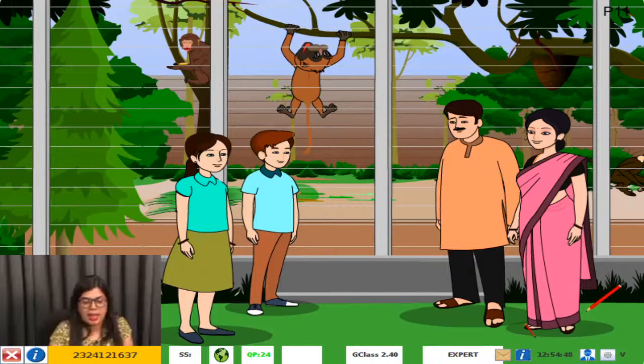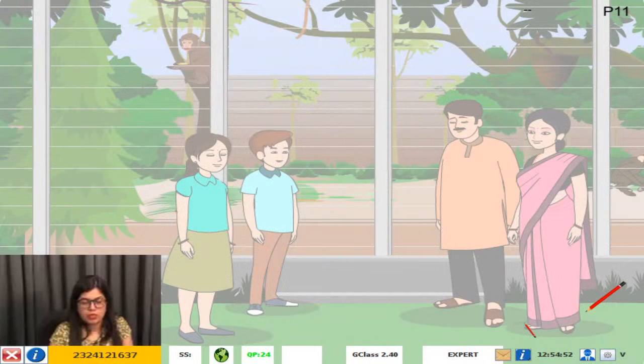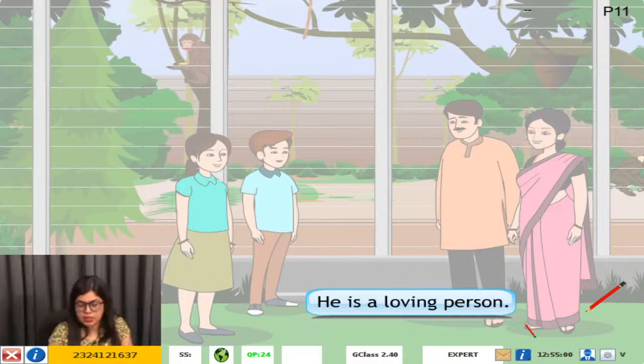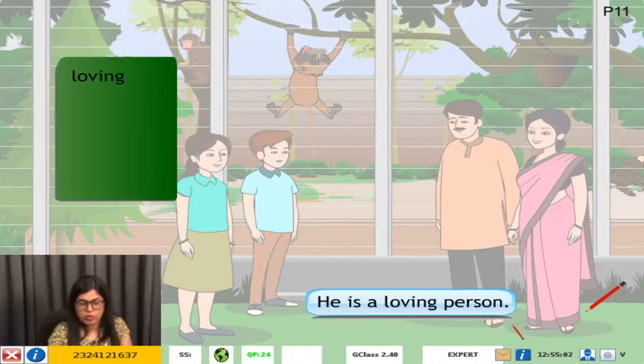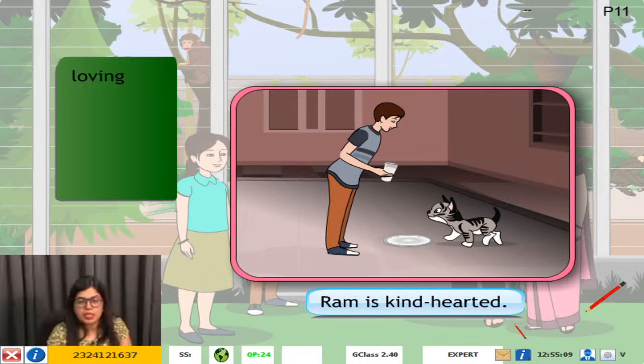The black-faced monkey seems to be mischievous. He is a loving person. Loving. Okay, loving. Okay, now see. Ram is kind-hearted. So here we have kind-hearted.